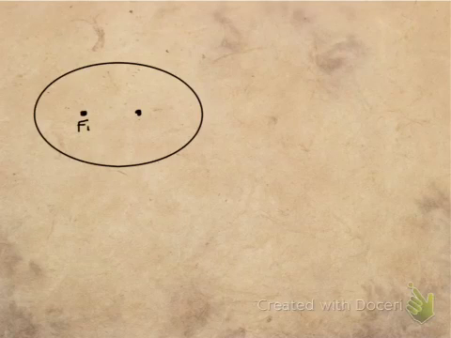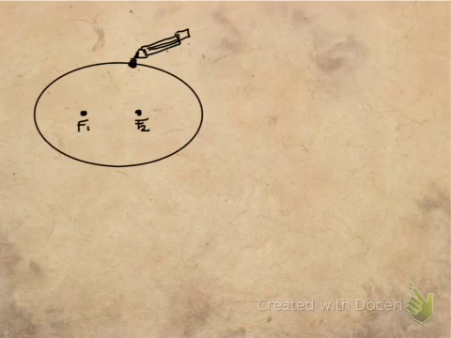Okay, so when we are talking about how ellipses are drawn, if you have an imaginary piece of string that you tie to both foci, and you pull the string taut, and then you draw, what you're going to draw is an ellipse.